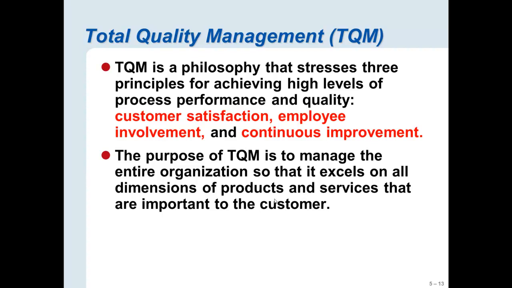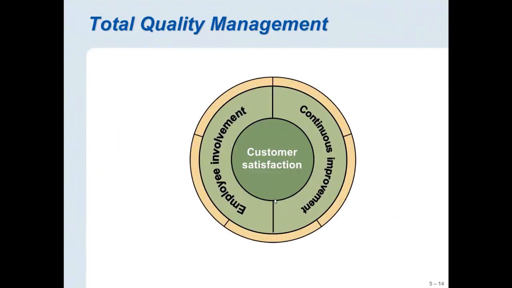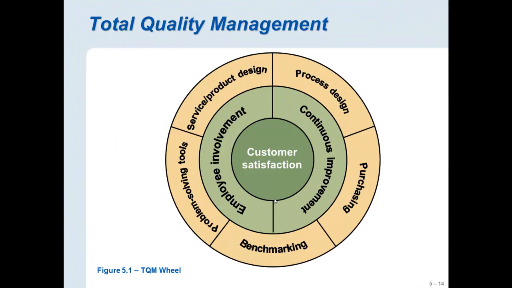The purpose of TQM is to manage the entire organization so that it excels on all dimensions of products and services that are important to the customer. This picture shows the total quality management wheel, or TQM wheel.